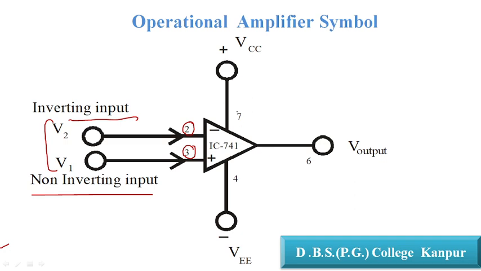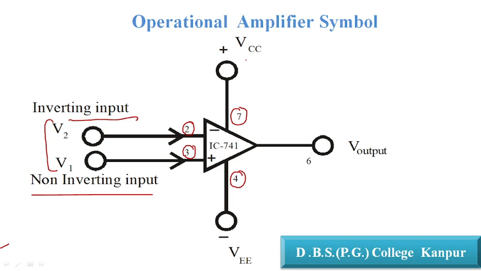At pin number 7 you provide the supply. The positive voltage of the supply is at pin number 7, and the negative voltage of the supply is at pin number 4.